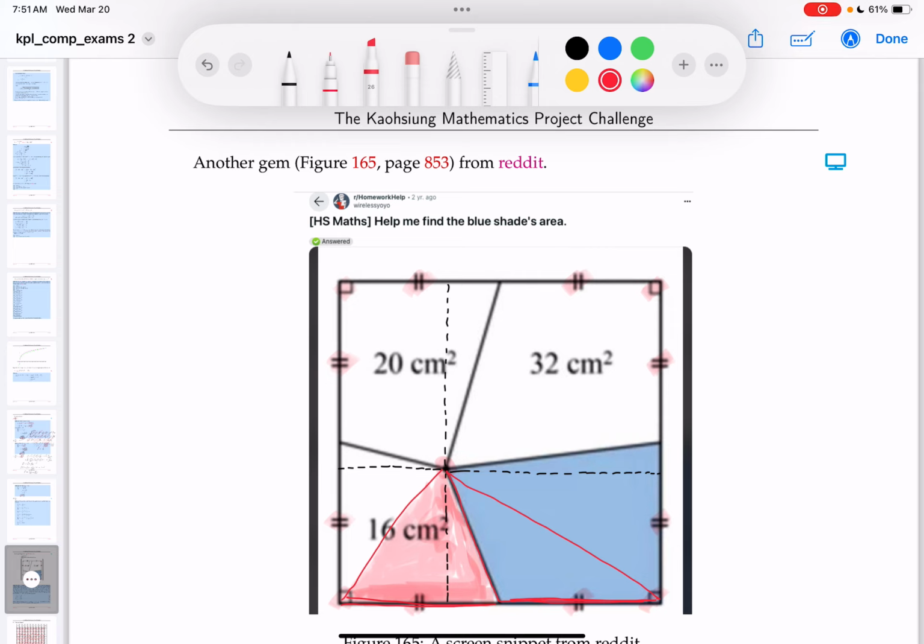Here's what I'm looking at. The base here is the same as the base here, and their altitudes are the same. So I'm going to claim that these triangles have the same area. In other words, this triangle over here has the same area as the one adjacent to it.